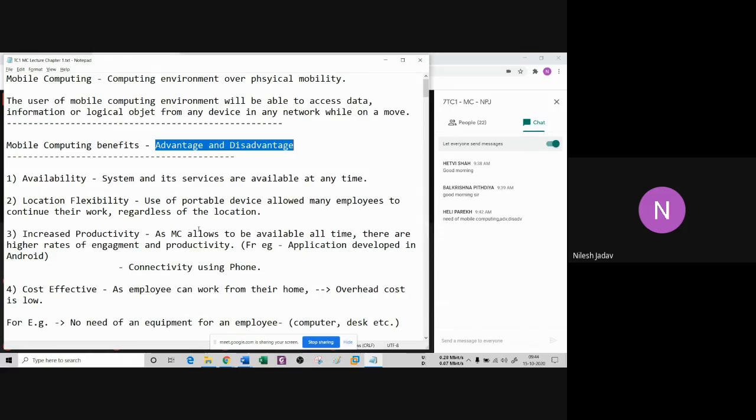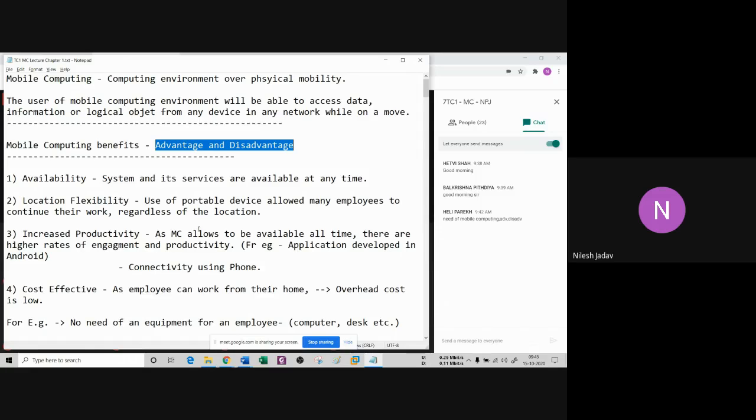We also have location flexibility as an advantage, which says that a user can move from one location to another if he has a portable device such as a handheld device, laptop, or mobile phone. This helps a person who is living outside of his home location.